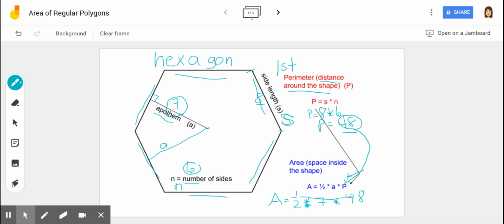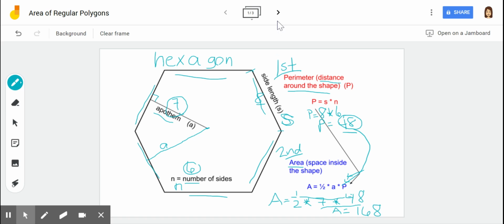Now, 1/2 times 7 times 48 is the same as multiplying 7 times 48 and dividing by 2. And when I do this on the calculator, the area is equal to 168. Okay, so first, calculate the perimeter. Second, you will use your perimeter to calculate your area.